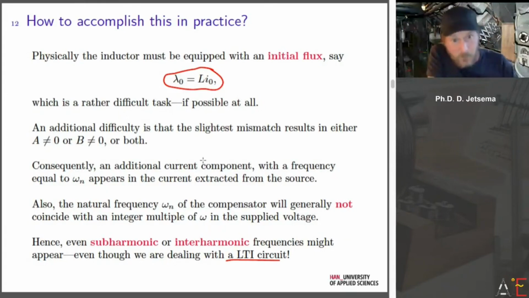And in the meanwhile, you can inject harmonics into your power system that might excite other equipment to start resonating or to be disturbed somehow. Okay, so you have to be careful with this.